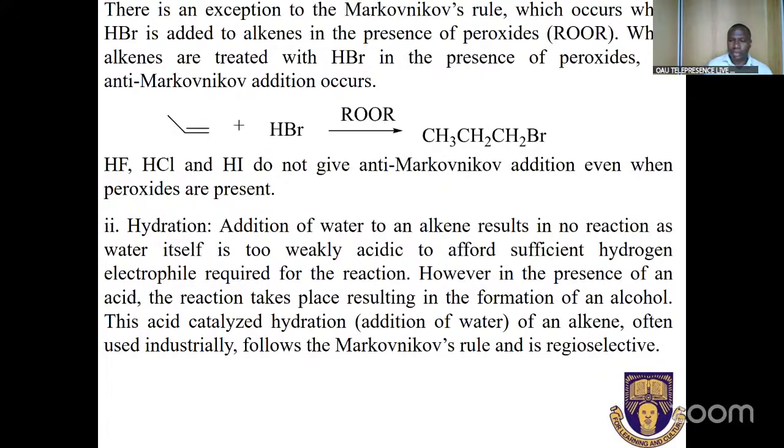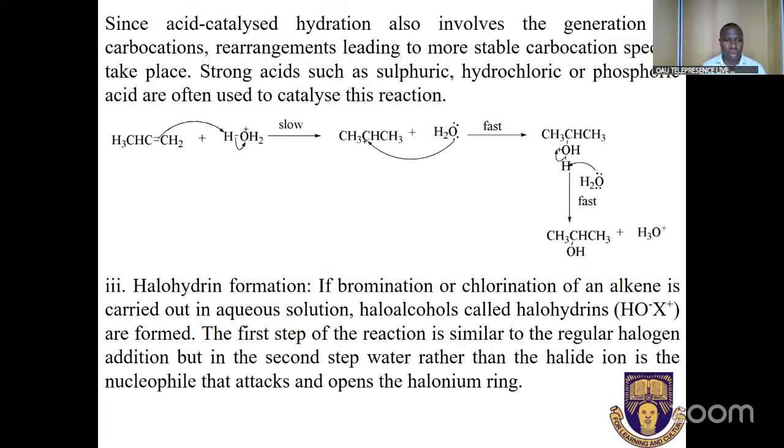So it's actually water that we're adding, not acid. And this reaction results in the formation of an alcohol, which follows the Markovnikov rule, and it is regioselective. On the next slide, I'll just show what that looks like.